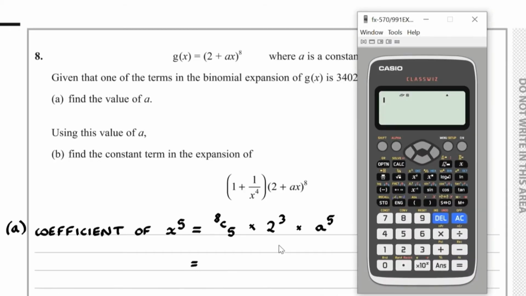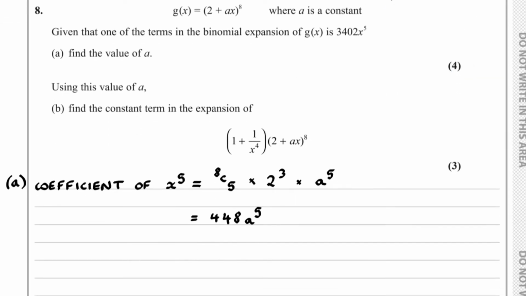If we work this out, 8 choose 5 multiplied by 2 cubed, we get 448 a to the 5 as the coefficient of x to the 5.